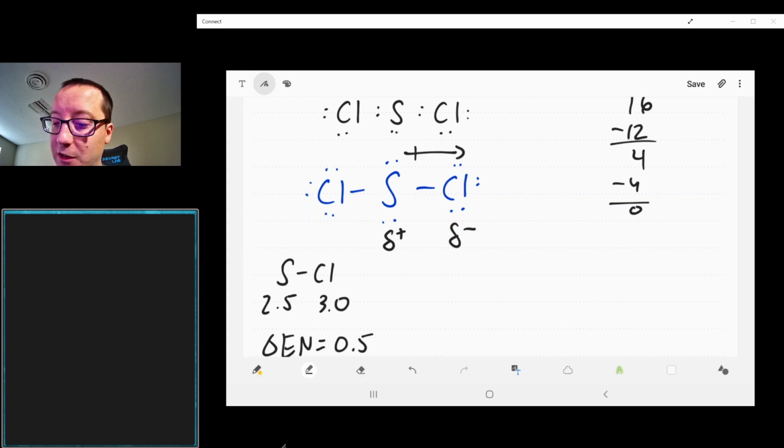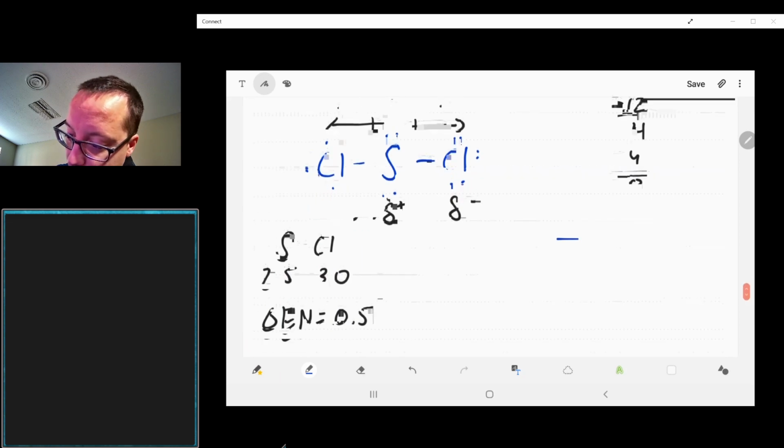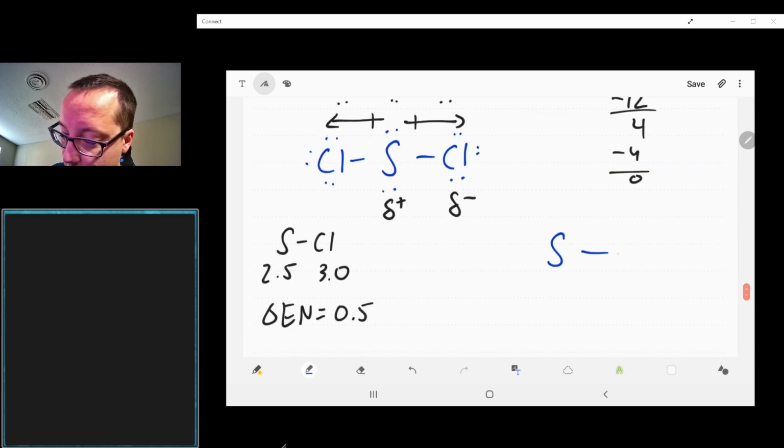Because of the geometry, it's drawn linear right now. If you were to keep it as linear, you might be convinced that overall it's going to be nonpolar. But if we redraw it with the correct geometry, remember a bent angle should look something like this.